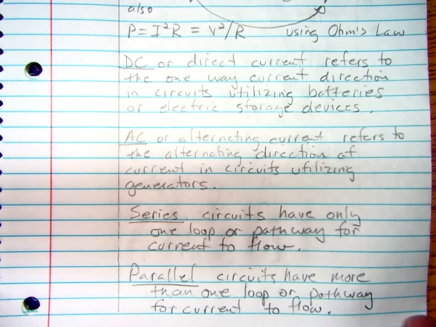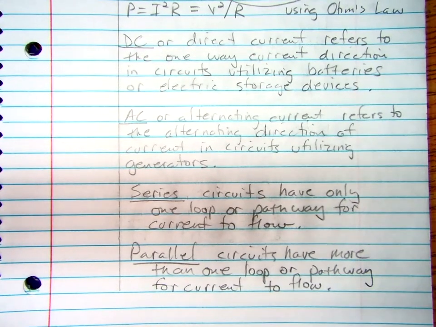We also have two types of circuits. We have series and parallel circuits. Series have one loop, parallel circuits have more than one loop. Remember, in a circuit you can have pieces of the circuit that are series. In other words, the elements are in series. There's only one pathway for the current to go, and it has to go through all of the elements in the series.